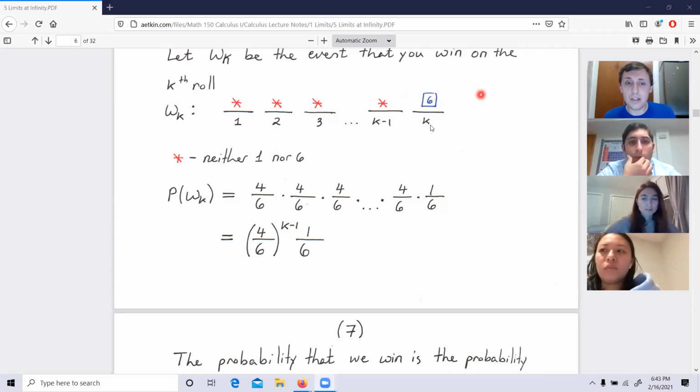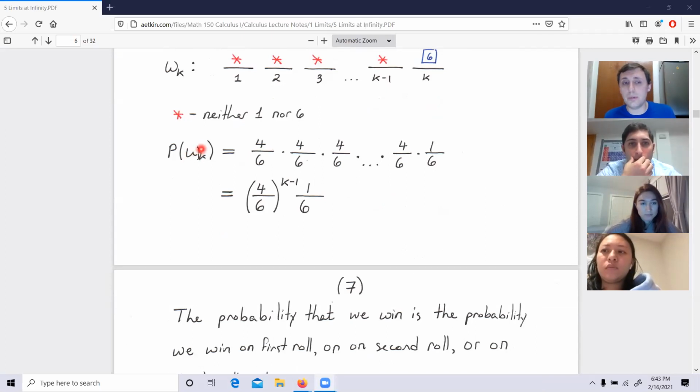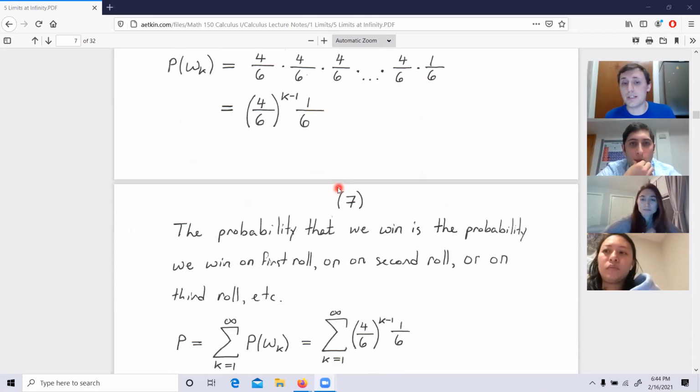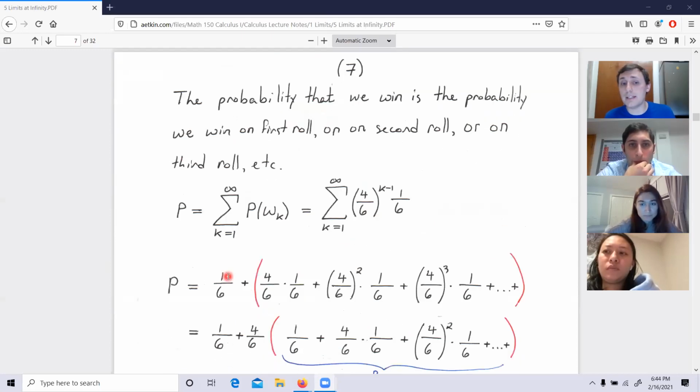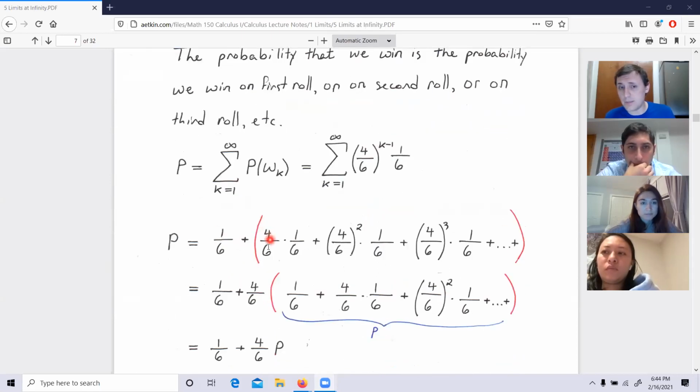Yes, good. So in general, the probability of winning on the kth round is 4/6 to the k-1 times 1/6. And so we get the summation. I wrote it in this compact form. If you want to see what it is, it's 1/6 plus 4/6 times 1/6 plus 4/6 squared times 1/6, etc. You can see I can factor out 4/6 here, guys.